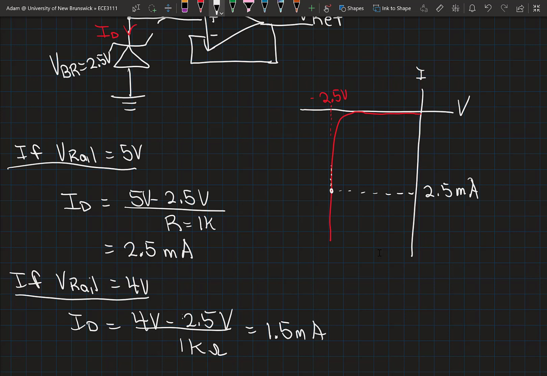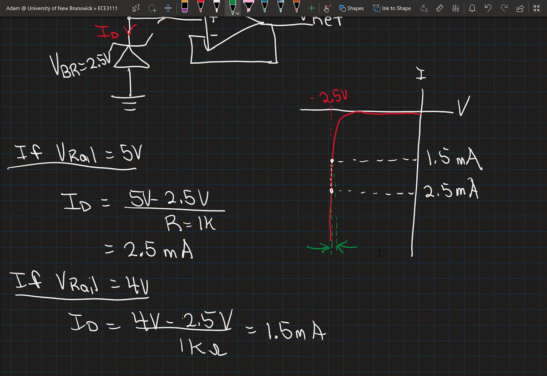So with the drop in voltage, I move up my operating curve slightly, and yes, there is going to be some change in voltage between these two points, but we'll note that it's very small.